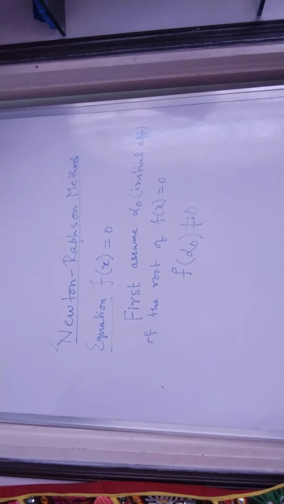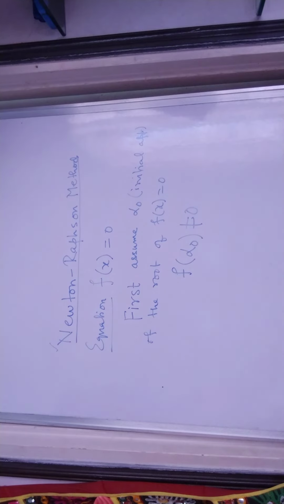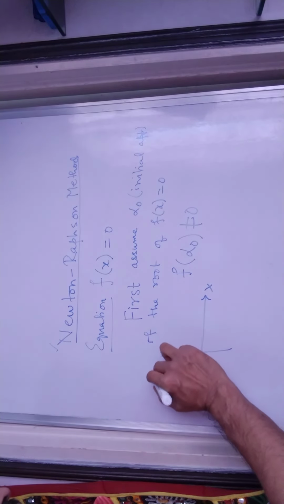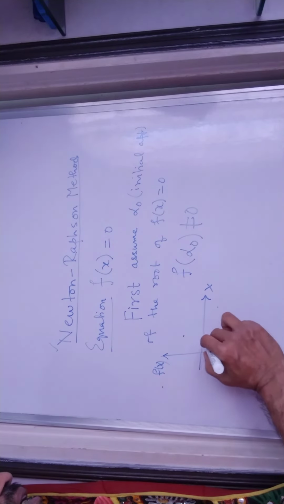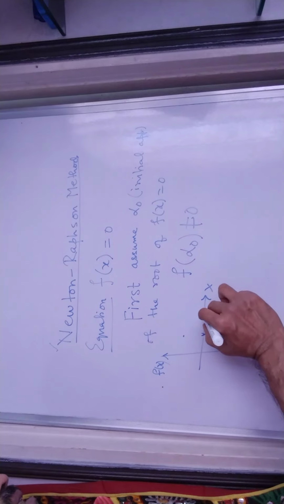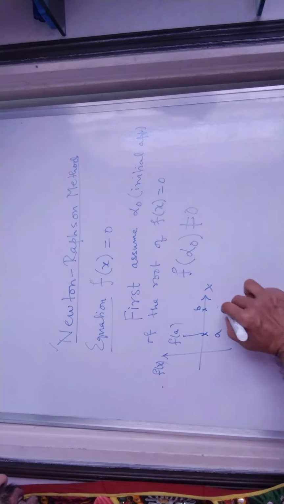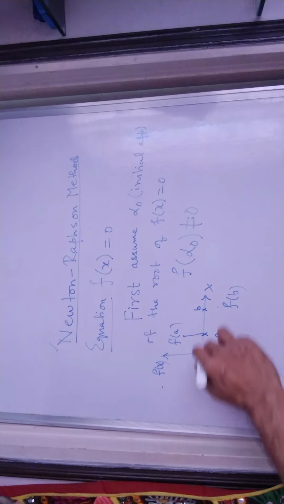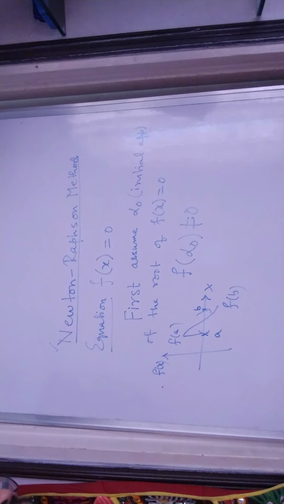Now how do you get this initial approximation? That is where Rolle's theorem of differential calculus, or Rolle's theorem of algebra, whatever you say, is employed. In that case, we argue that if this is x and this is f(x), and if we have a and b on the x-axis to be 2 points where f(a) and f(b) are of opposite sign and very close to 0, then this open interval contains at least one root.